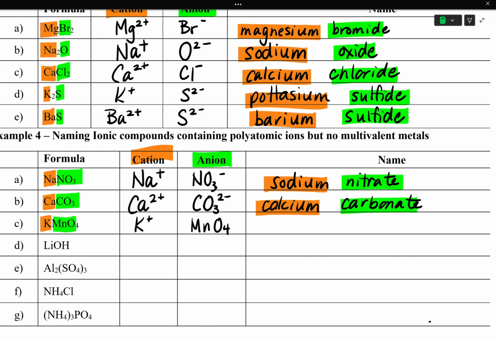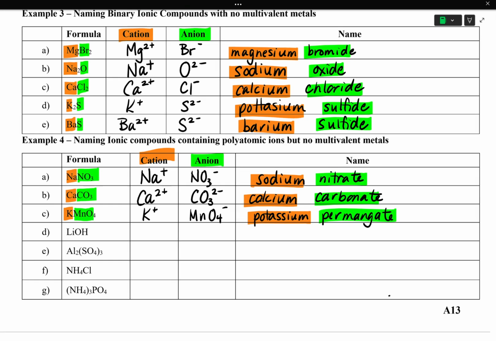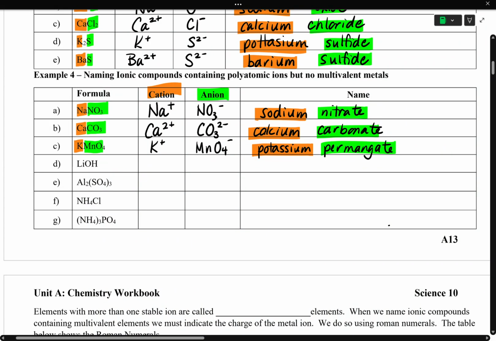MnO4 negative is permanganate. So this would be potassium permanganate. Cation first, anion second. Okay, try D, E, F, and G on your own, and then we'll come back and give you answers in a second.